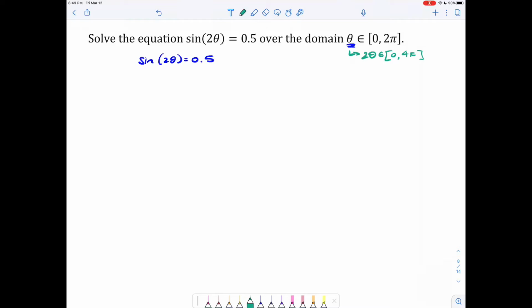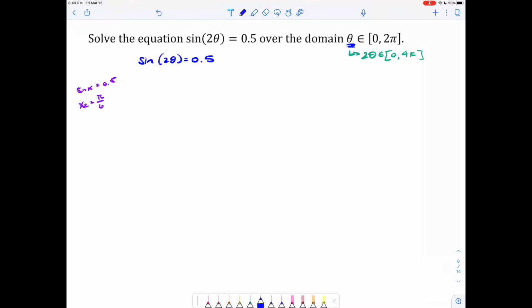When we are solving something like this, if I were considering, say, sine x is equal to 0.5, I would get a reference angle, and I could say that the reference angle would be pi over 6, or 30 degrees in this case. But we're not isolating x, we're isolating 2 theta.